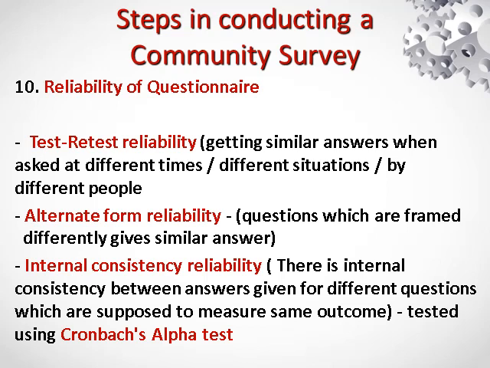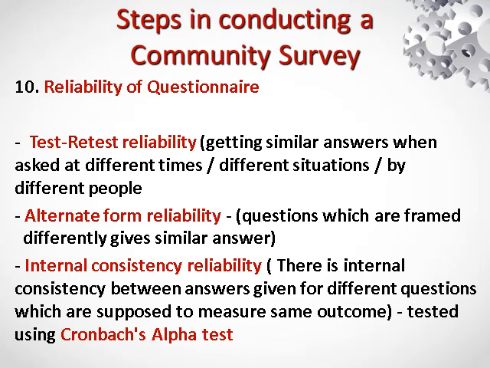Next component is also very interesting. Internal consistency reliability. What is that? You are asking three questions related to depression. Three components of depression. One is sleep, one is appetite, third one is socialization with friends. So first question is, has your sleep reduced recently?